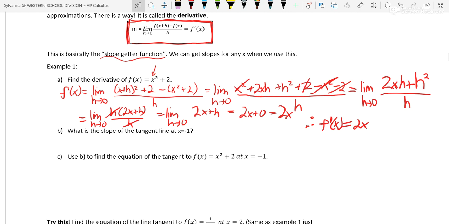Well, I already found my slope function, and this will give me all slopes for f of x. So all I need to do is plug in the negative 1, because we know that x is negative 1. And we're going to plug into our derivative here, so that's 2 times negative 1, which is negative 2. That means my slope is negative 2 at x equals negative 1.